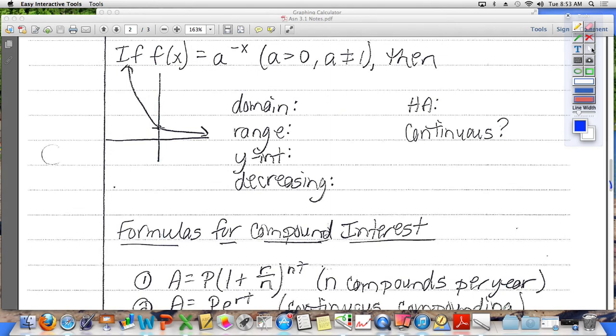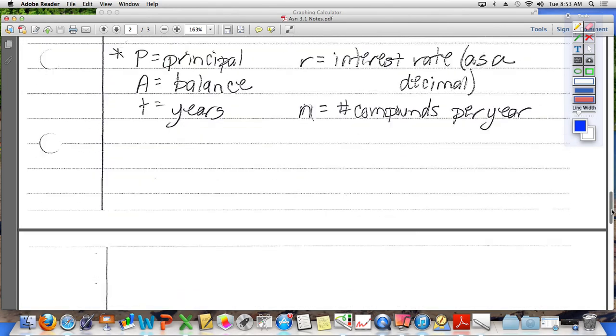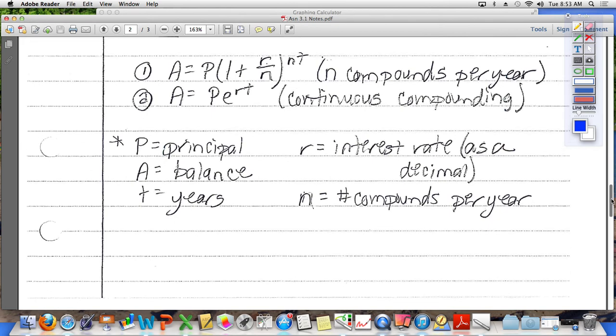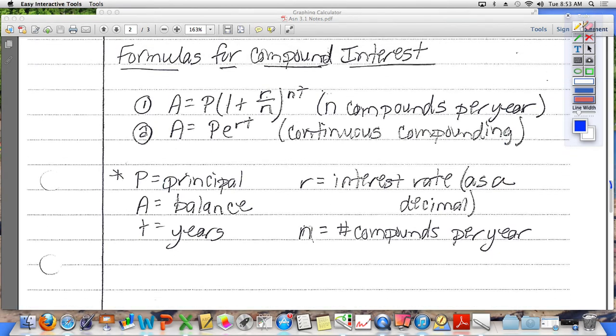Formulas for finding compound interest. All right, so first of all, you need to get these down. Formulas for compound interest. There are two of them. The two formulas that you need to be familiar and comfortable with: A equals P times (1 plus r over n) to the power of nt.